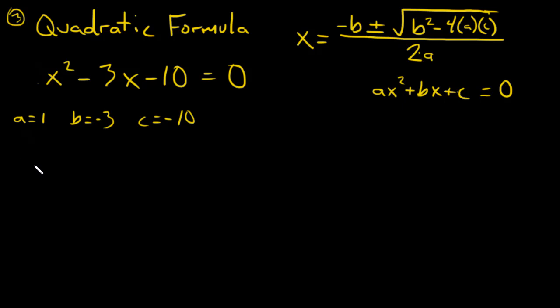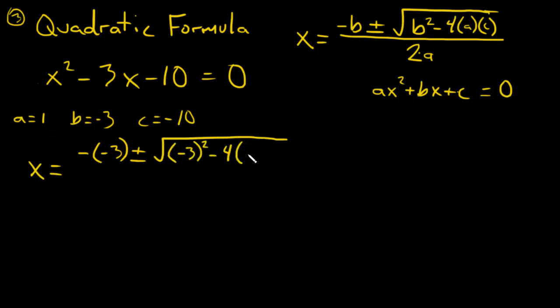Now I plug into the formula. x equals negative B, so negative 3, plus or minus the square root of B squared, so negative 3 squared, minus 4 times A, 1, times C, negative 10, and all of that divided by 2 times A, which is 2 times 1.